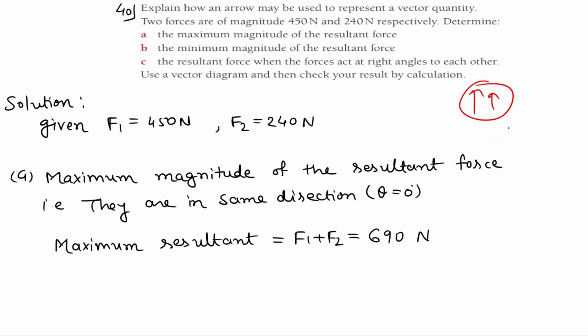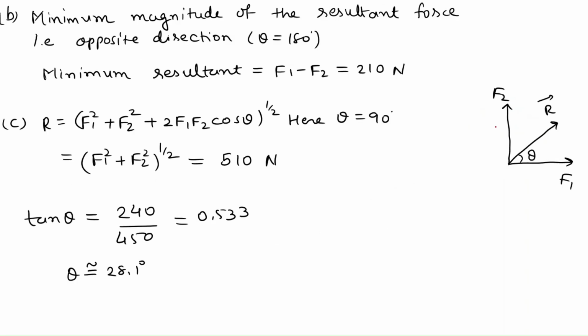And if we want to get minimum magnitude, we have to take one vector in the opposite direction. So keep in mind, for the minimum magnitude, take one vector in the opposite direction.